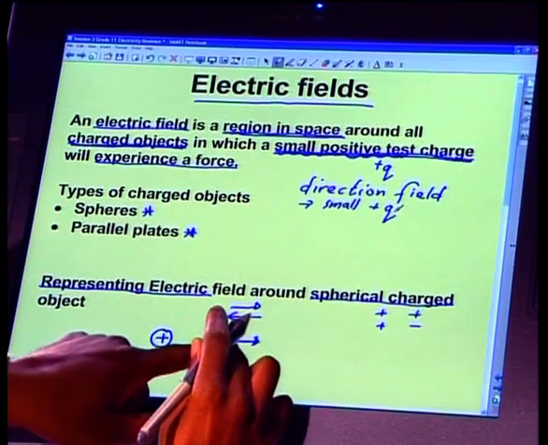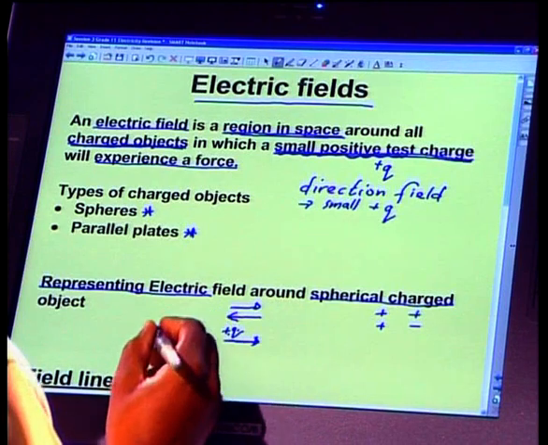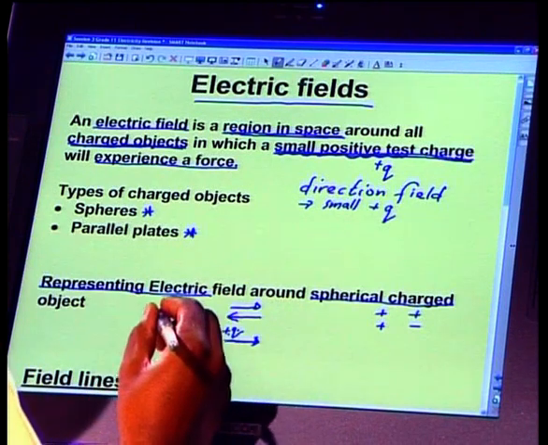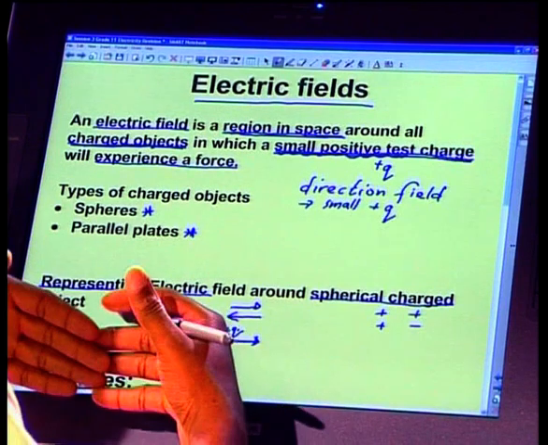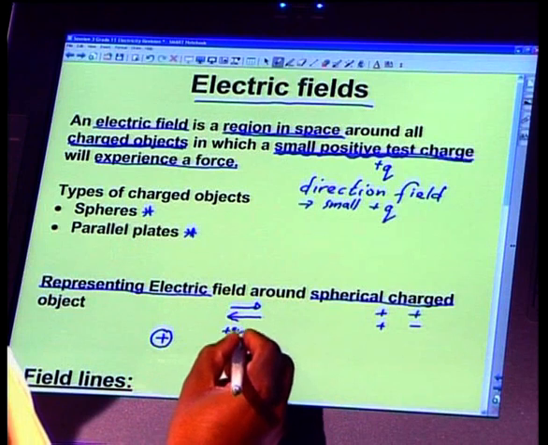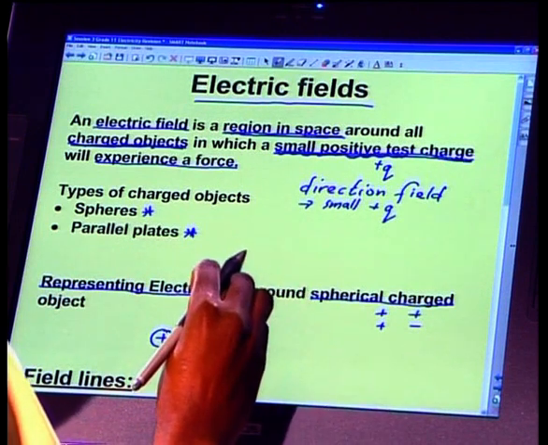So if the test charge is going to move away from this charge, it means that I'm going to represent the field of this charge here in such a way that it also shows its direction, which is the direction that the positive test charge has taken when placed in that field.